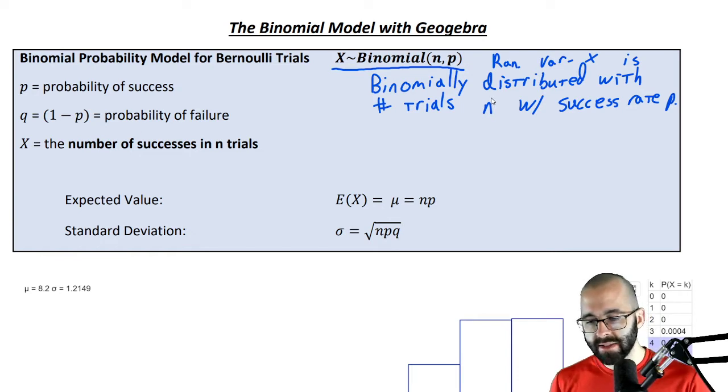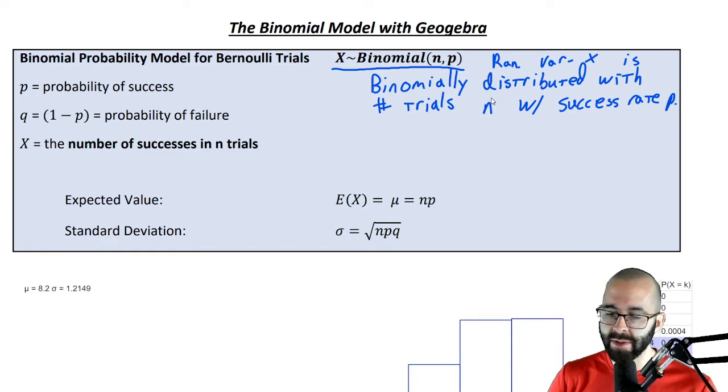So let X, again, looking on the left, p is the probability of success, q is the probability of failure, so 100% minus p%, or 1 minus p. X is how many successes we're looking for. So the probability that X equals 2 would be the probability that she makes 2 free throws.